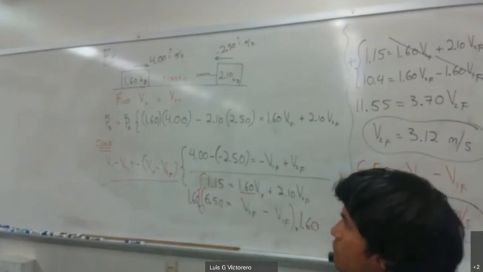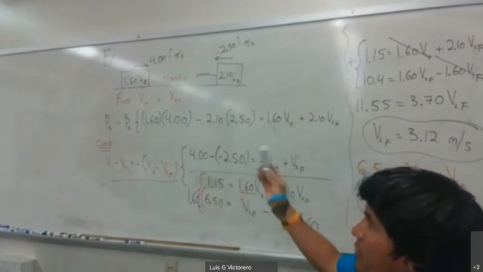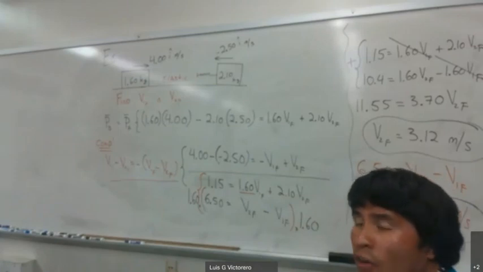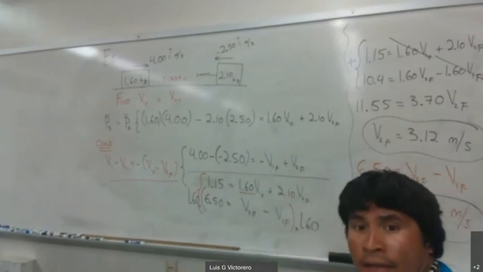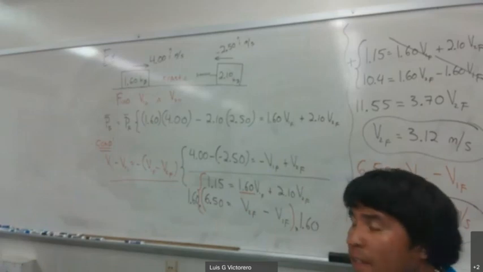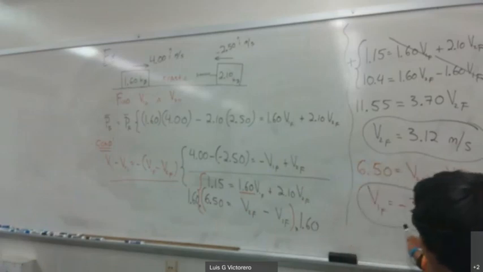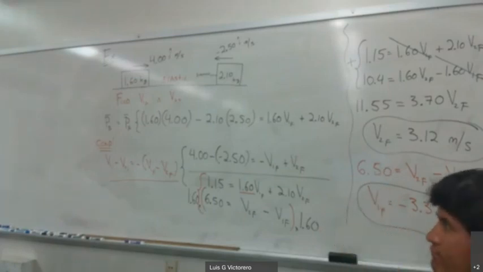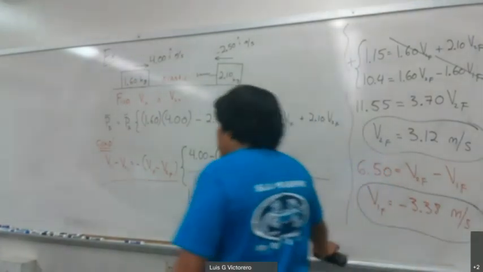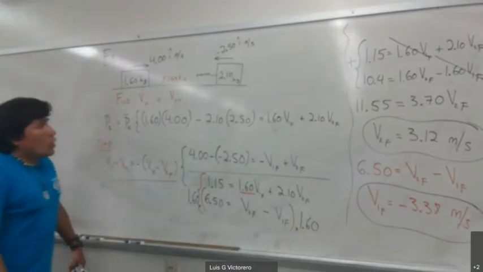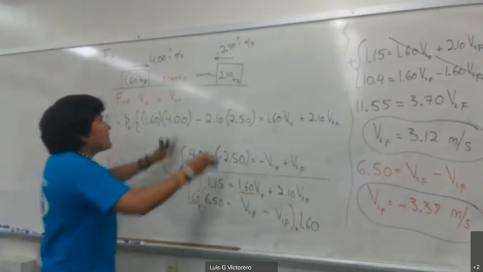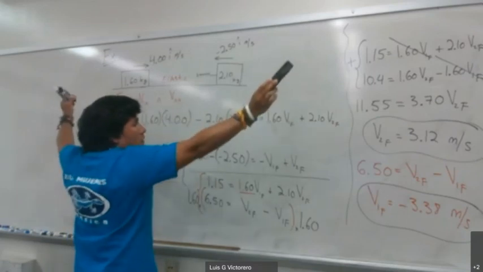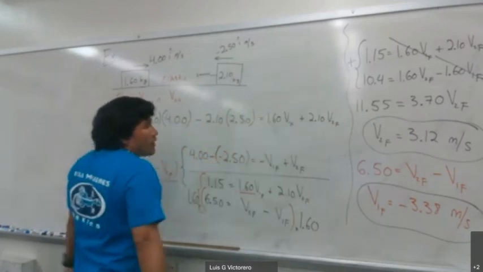Part 2 will be find V2 final at the moment where V1 final is 3 meters per second, so before they come apart. Let's do that. Those speeds are when the masses, after they collide, go to the right and to the left respectively.